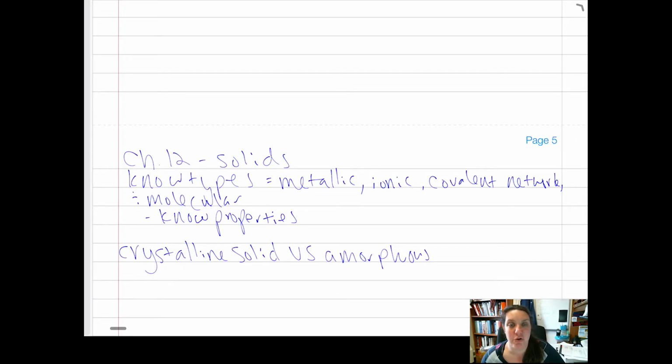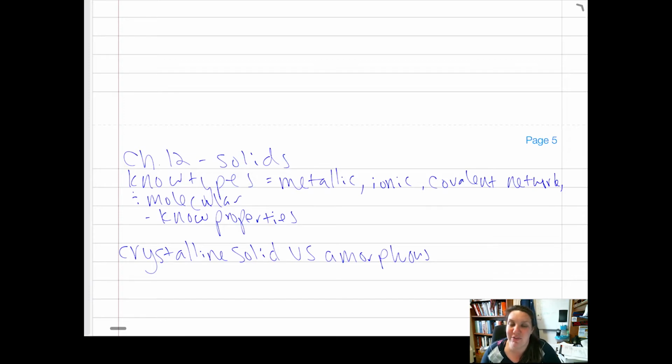Like I said, you should know your different properties. So molecular solids are low melting, they're soft. Metallic solids are going to be malleable, ductile, conductive, and they have melting points that are variable depending on how many electrons are shared between them. Ionics are going to be hard, brittle, and high melting, and they are going to be non-conductive in the solid state.